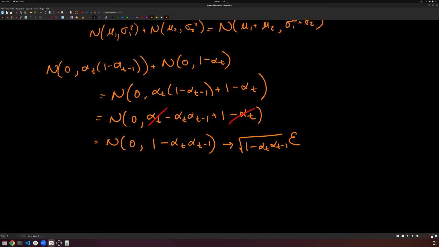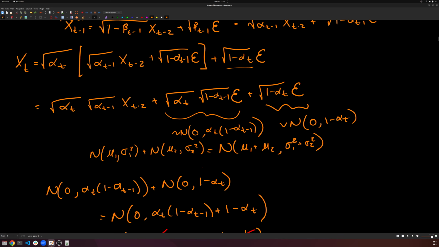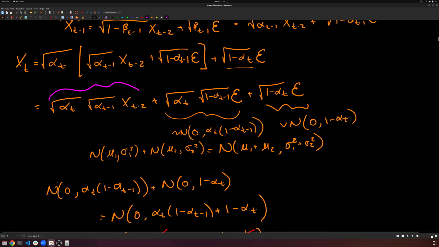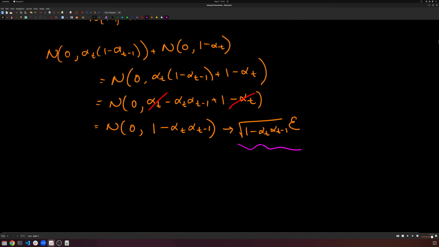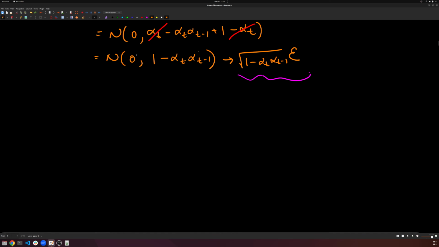So now that we have that, let's wrap it up and write the final form. Let's scroll up a little bit. We had this term already, right? So that term's fine. And we just took these two terms here, combined them, and created this one term here. That's exactly the same thing. So let's put it all together, and then you'll see the pattern start to emerge.